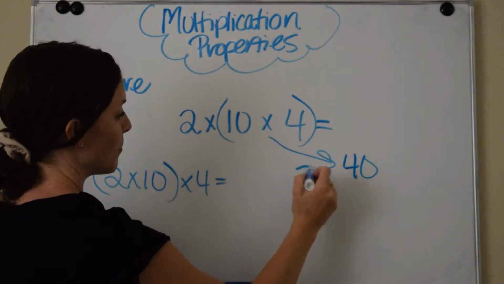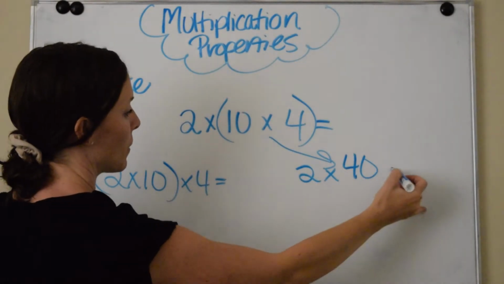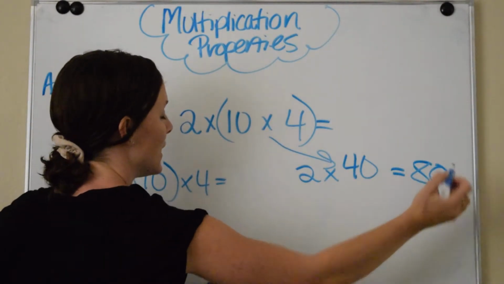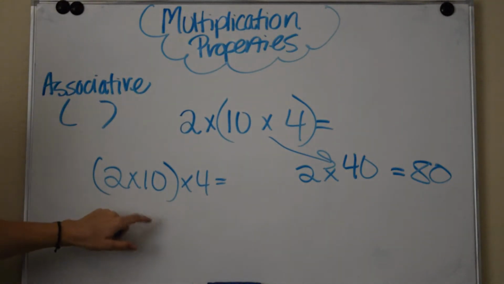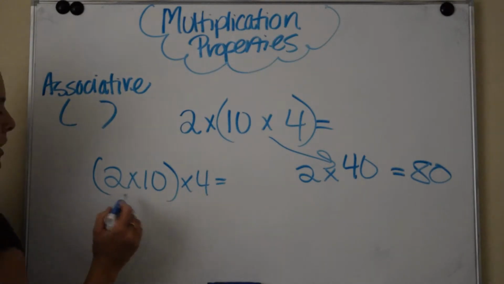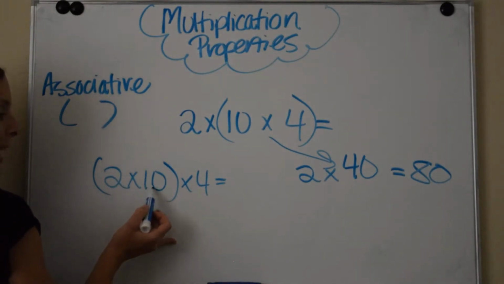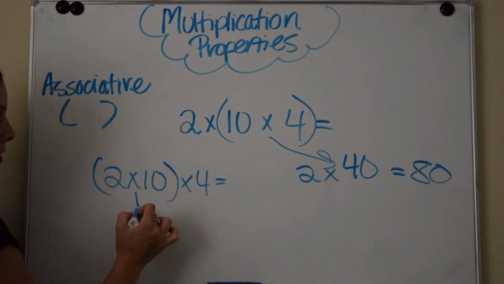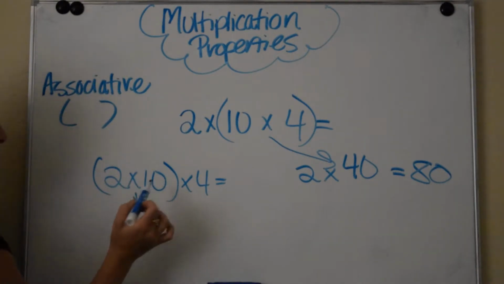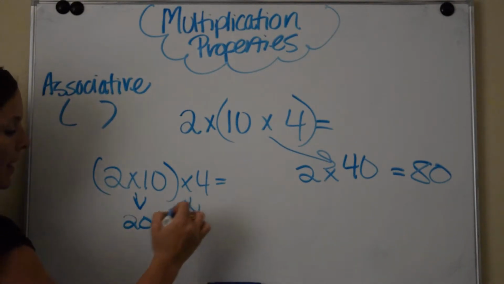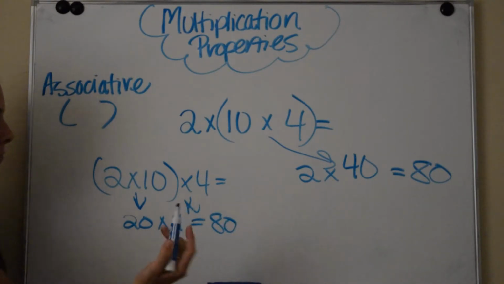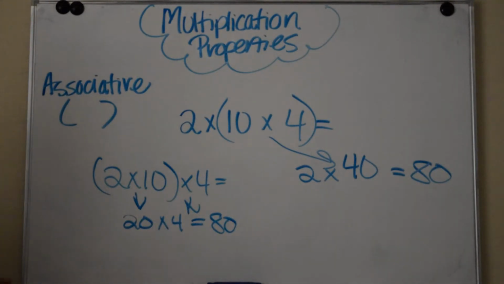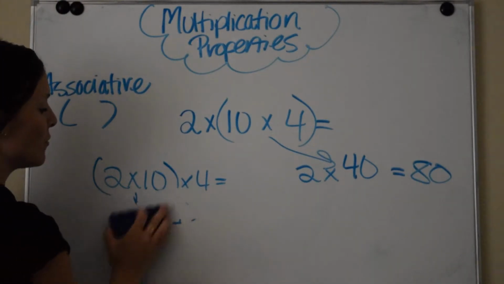Then I still have my 2 left over to multiply, and 2 times 40 is 80. If the associative property is true, I should still get 80 over here. So over here, my 2 and my 10 are in the parentheses, and I need to solve that first. 2 times 10 is 20, and then I multiply that by 4, and that gives me 80. Look at that, it does work. Let's try another one before we move on to commutative.